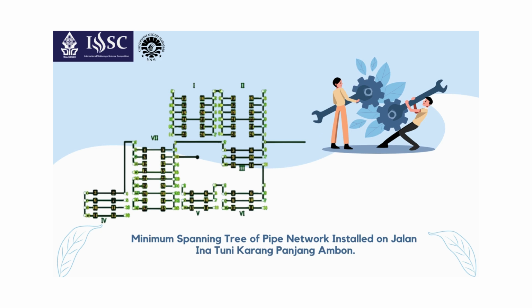Meanwhile, a graph analysis representing the pipe network installed at the location using the classical algorithm yielded a pipe length of 1,026 meters. The difference between the installed length and the length using the classical algorithm was 422 meters. Therefore, it can be concluded that the pipe installed at the location is not yet optimal.